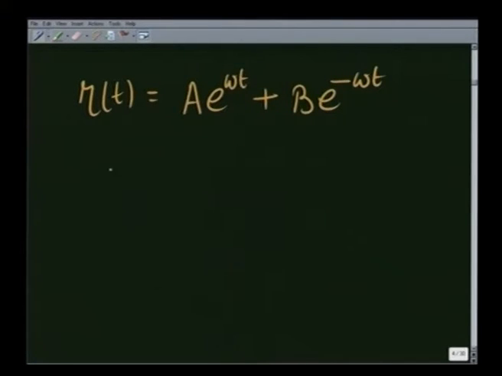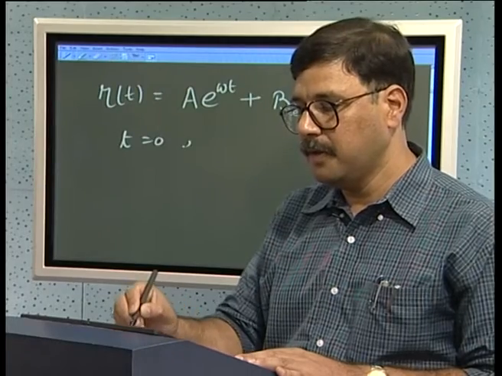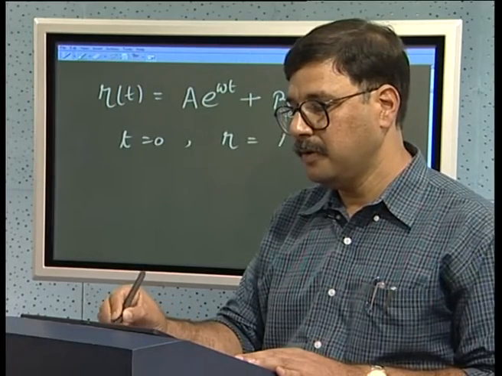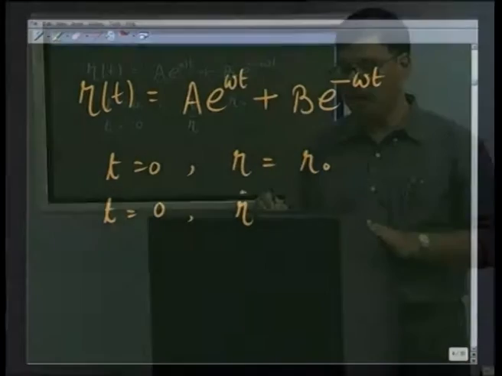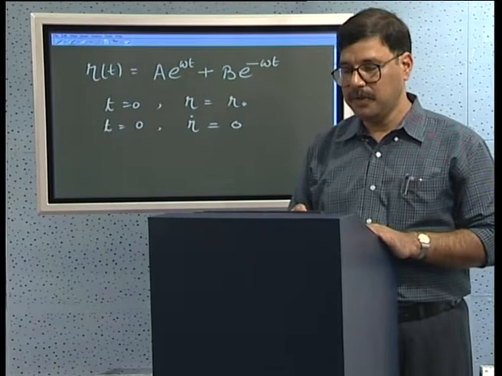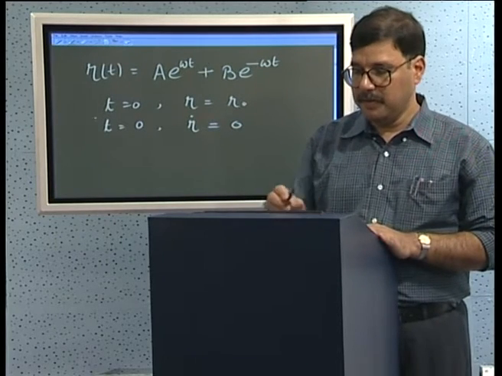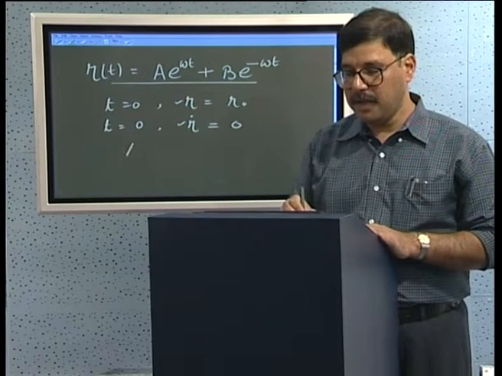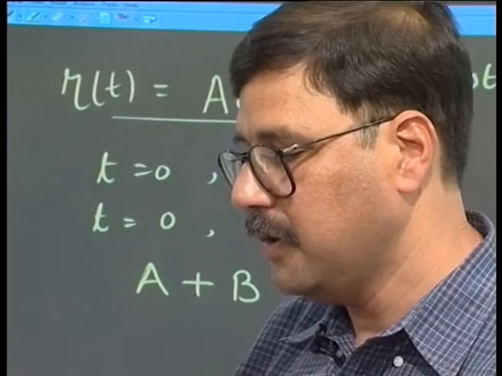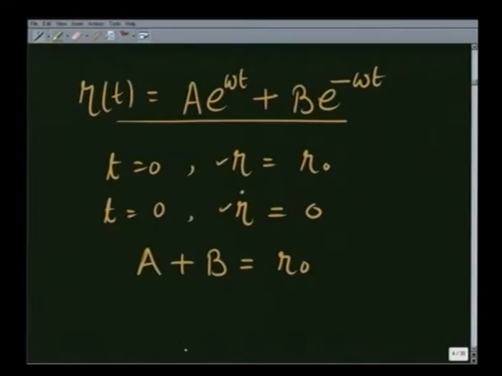If I am given that at t equal to 0 the particle is at some initial position r 0, and suppose it was not moving in r direction so that r dot was equal to 0, then writing these quantities from this equation at t equal to 0, a plus b is equal to r 0, and taking the derivative, omega times a minus b is equal to 0.